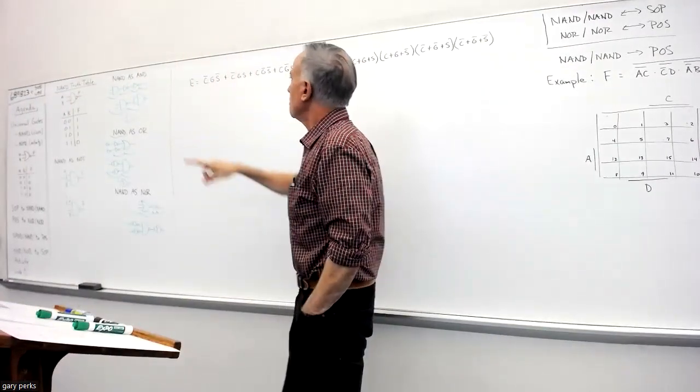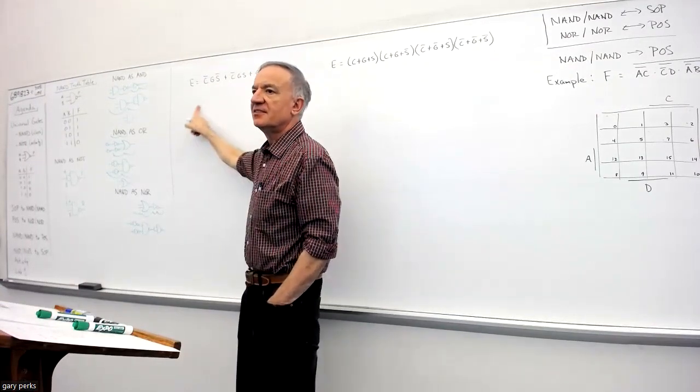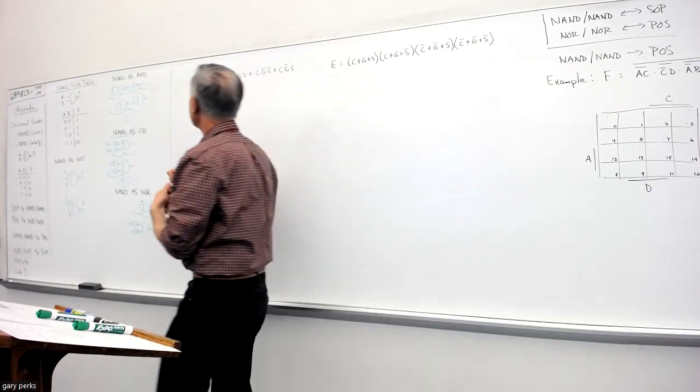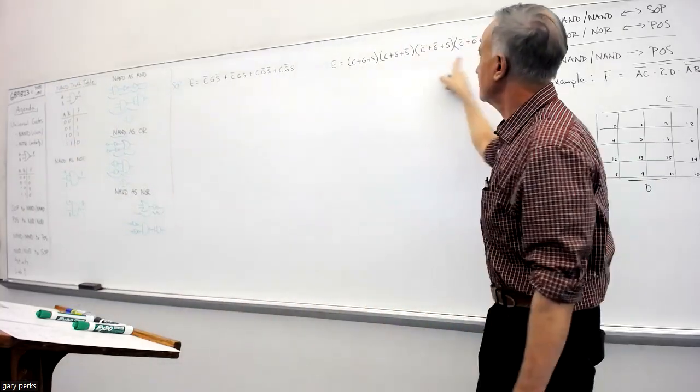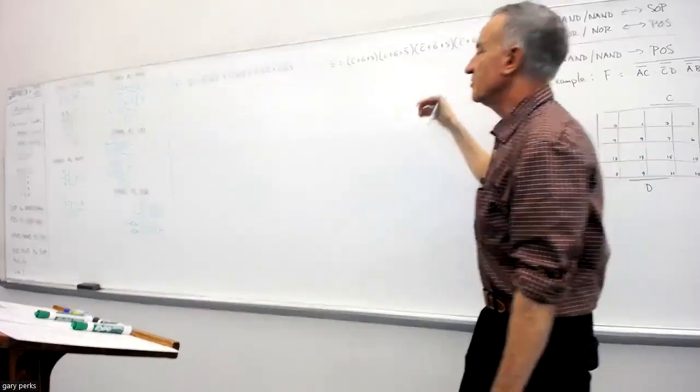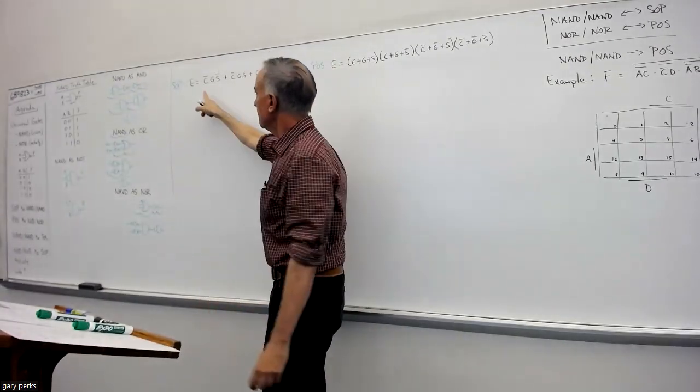So what form of equation is it? That's SOP, right? And which form of equation is this one? POS, product of sums.